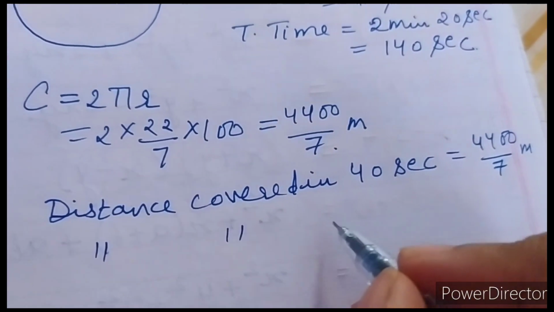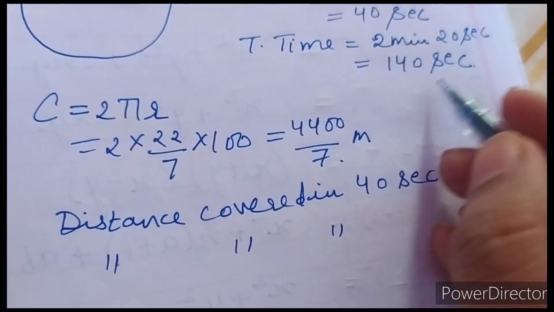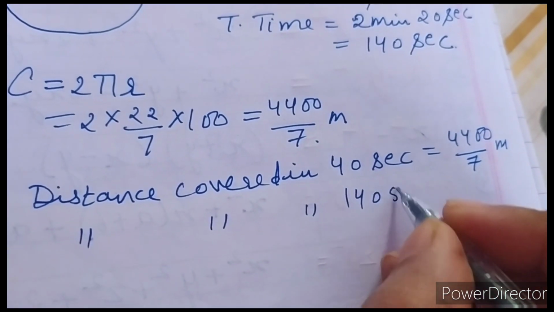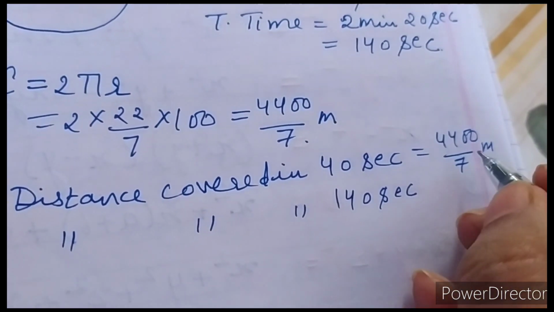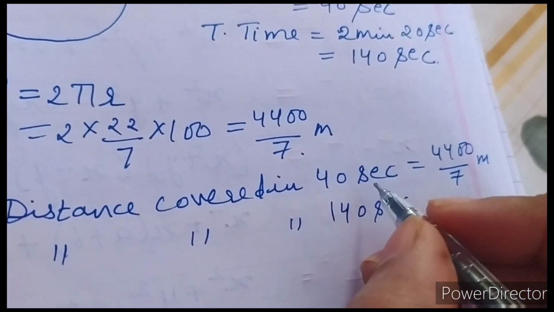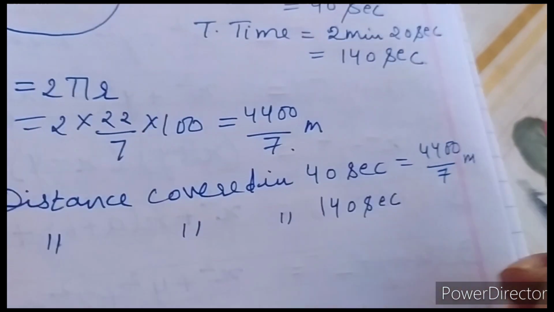Now we have to find the distance covered in 2 minutes 20 seconds, that is 140 seconds. So what we will do, we will multiply 140 into 4400 divided by 7 divided by 40. So let's solve it.